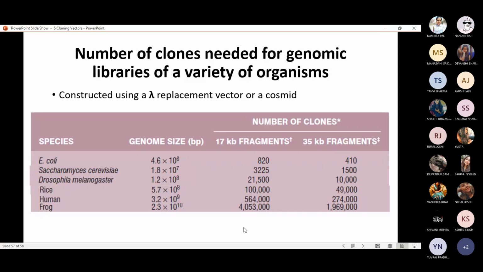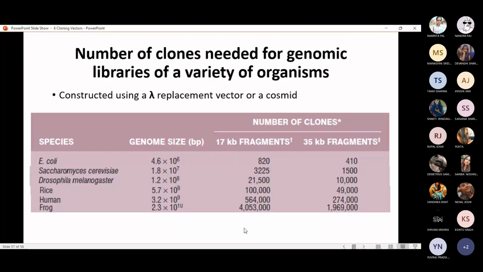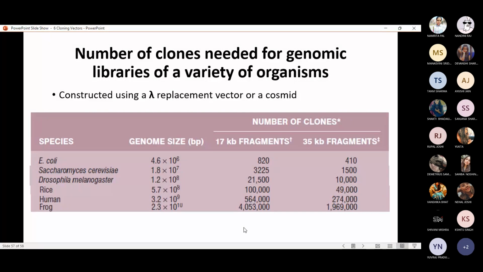We need a shorter one. A shorter one is easy to handle, but a large number is also difficult to handle. So we want a size and a number which is manageable to us. If the size is very large, that is not manageable and creates a problem. So the number and the size both should be reasonable so that we can handle them easily.